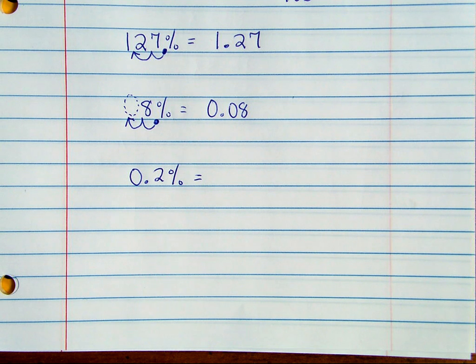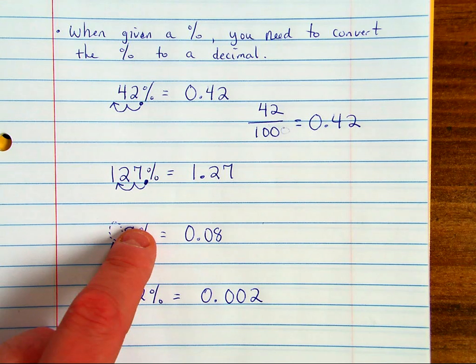That decimal stays home. As soon as we get rid of that percent, we move that decimal 1, 2 places to the left. So we get 0.002. You always move the decimal 2, no matter what.